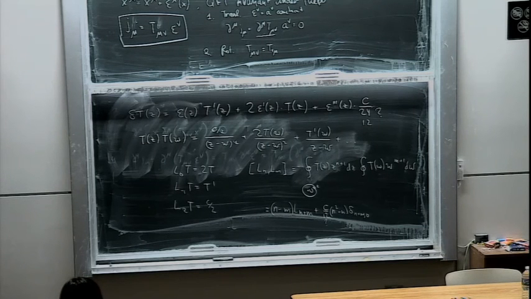And so if you specify which primary fields appear in the operator product expansion of two primary fields, you know everything about the entire operator product expansion, because you know how all other fields, descendants, also appear in that expansion. So specifying which primary fields appear as a result of the operator product expansion is literally equivalent to the fusion rules of topological quantum field theories, which we were studying last week.